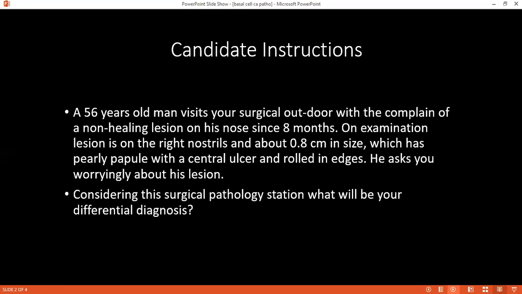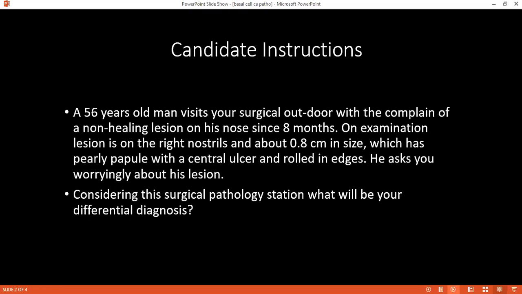The important thing is that if the margins are clear, then it means I don't need re-excision of the lesion. But if the margins are involved, then I need re-excision of the lesion.